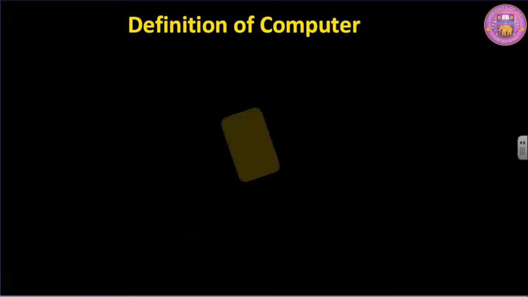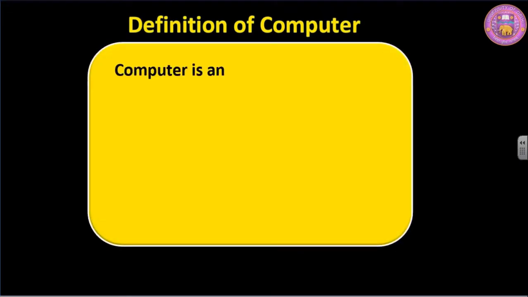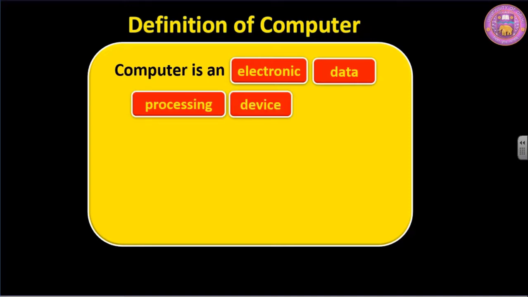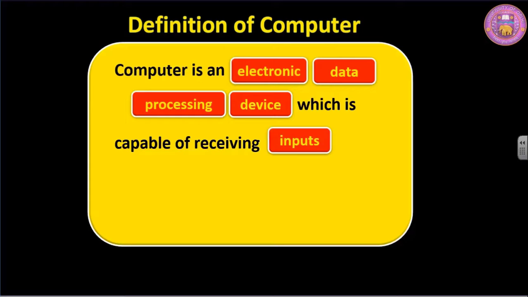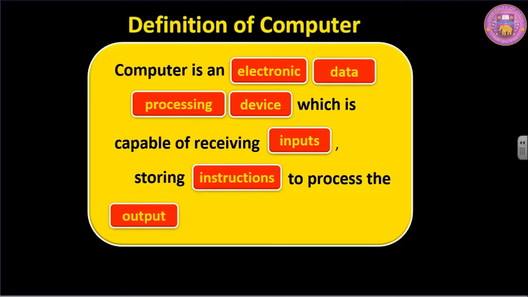Now let's look at the definition of computer. Computer is an electronic data processing device which is capable of receiving inputs, storing instructions to process the output with high speed and accuracy.